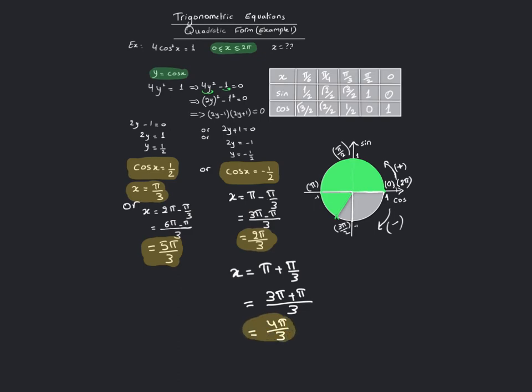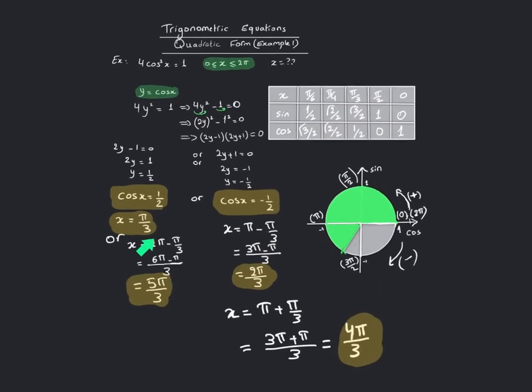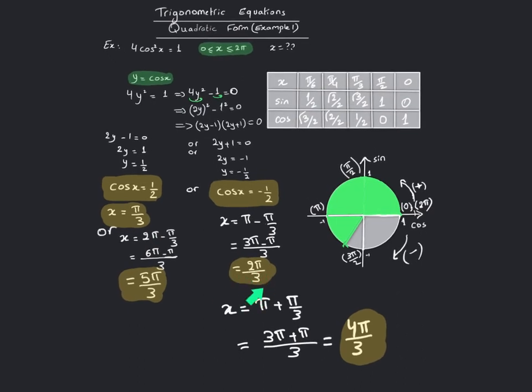So x equals pi over 3, or 2 pi over 3, or 4 pi over 3, or 5 pi over 3, for cosine squared x equals 1. Any of these values of x verifies the equation. Be careful that all the values of x are within 0 and 2 pi for this exercise.